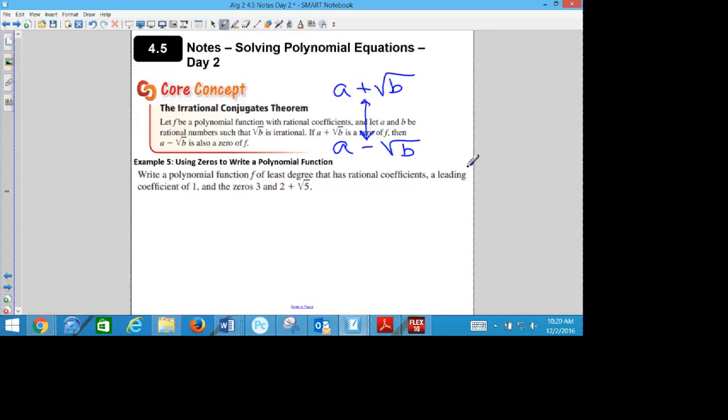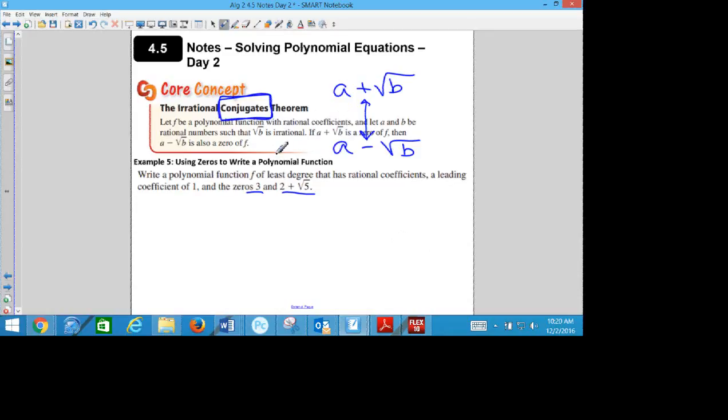So when you look ahead, in the next example, it tells us the zeros are at 3 and at 2 plus radical 5. They've told us 2 of the zeros, but there really are 3, because if you have any square roots, they will always be pairs. These pairs are called conjugates.